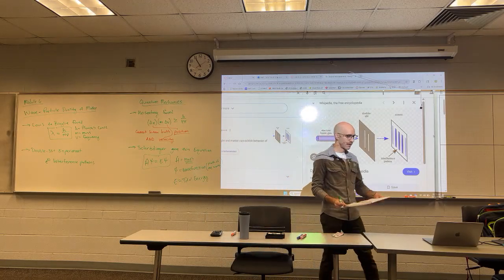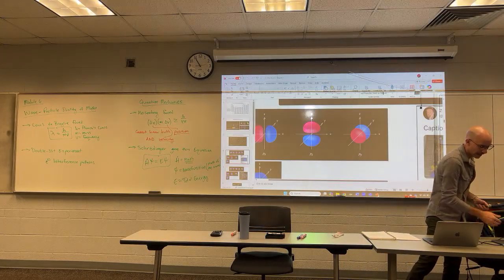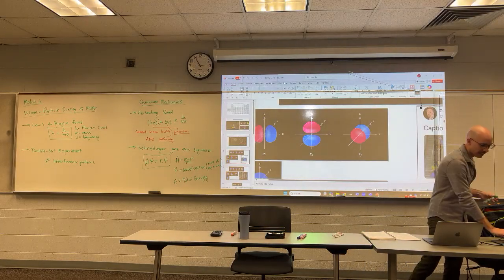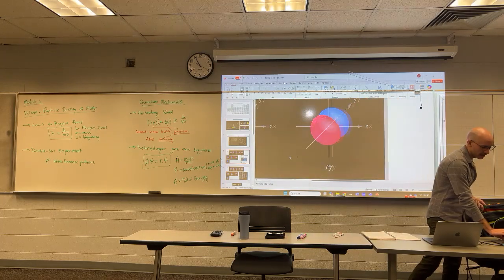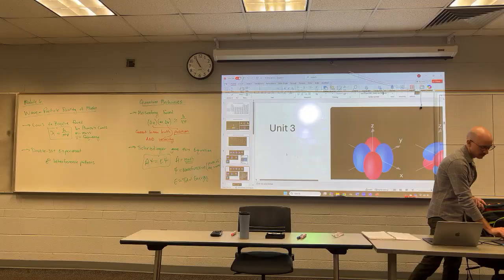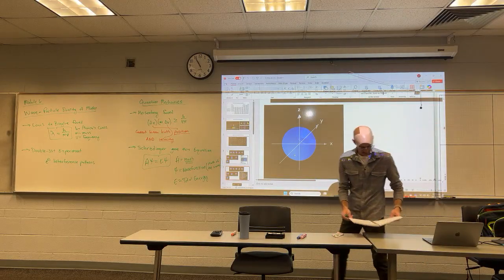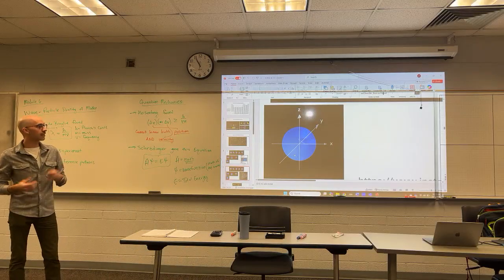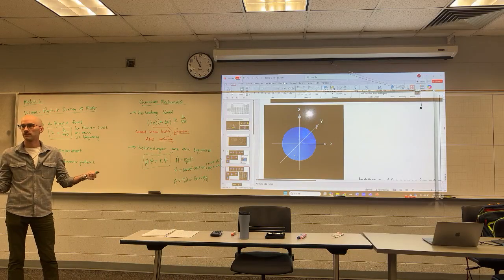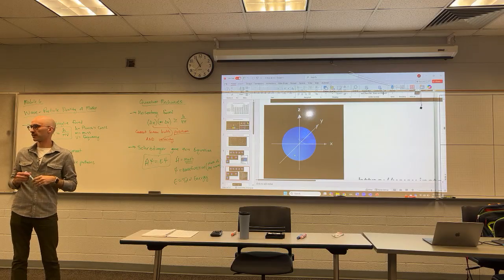So Schrodinger was the one that said, we can actually develop this. We can calculate something about the electron. We can get a math equation that describes the electron. And here's what one of those equations looks like. That is a sphere. It's an equation that describes a sphere.